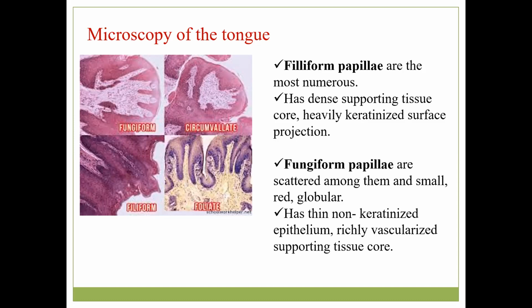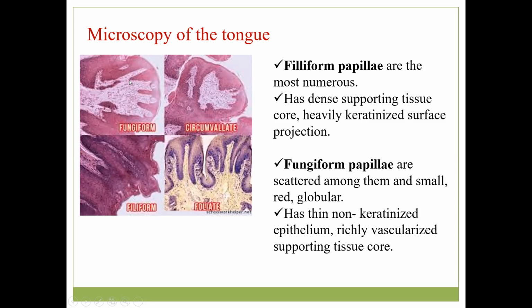Those are fungiform, circumvallate, and filiform. The filiform papillae are the most numerous type of papillae. They have a dense supporting tissue core with a heavily keratinized surface projection. You can see the keratinized epithelium here.